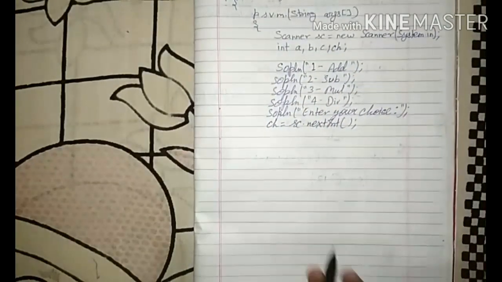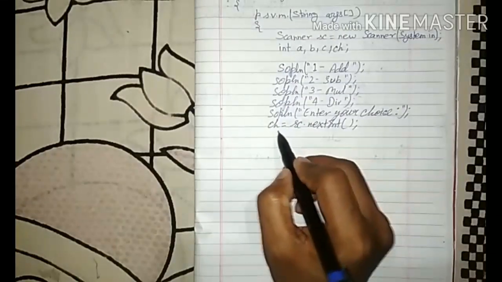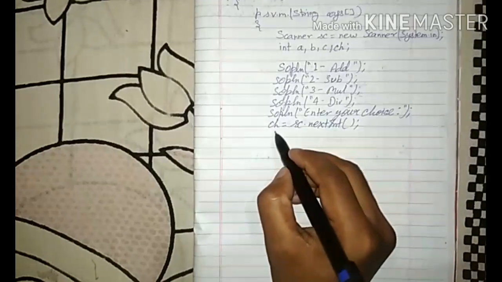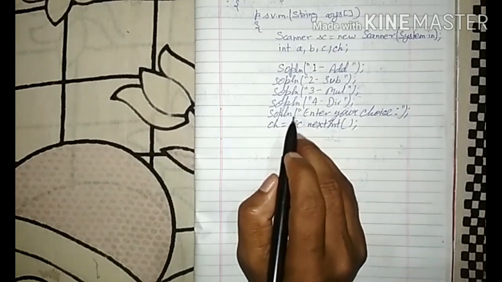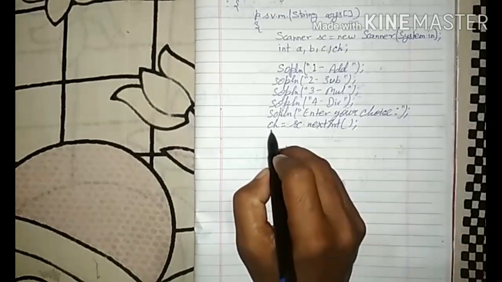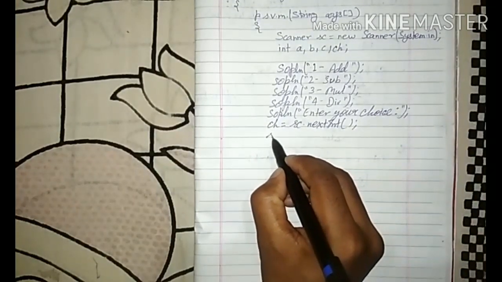Our choice will be stored in this ch variable, and we have to pass this ch variable into switch. How? Let's see.